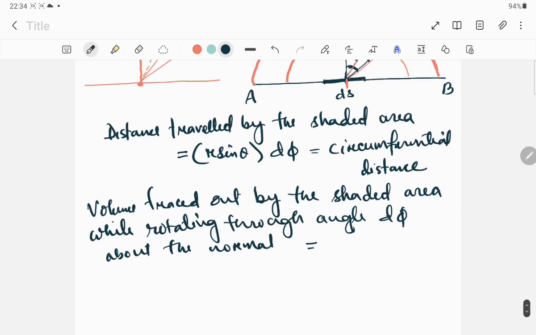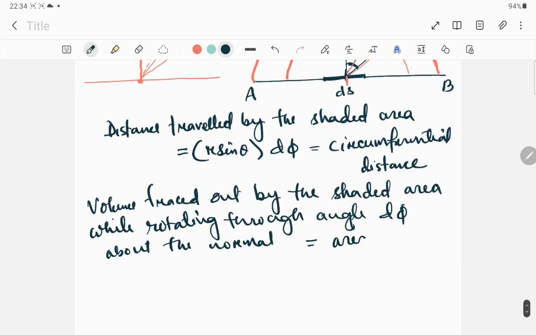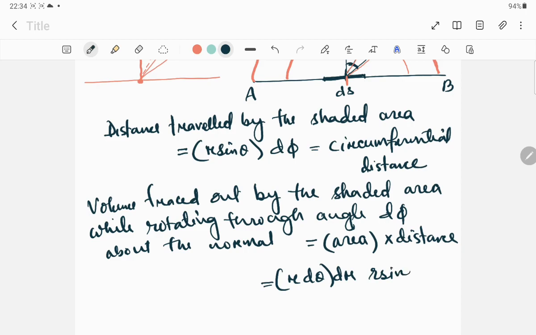So volume can also be written as area into the circumferential distance. Now area is r d theta dr, and what is the circumferential distance? r sine theta d phi.